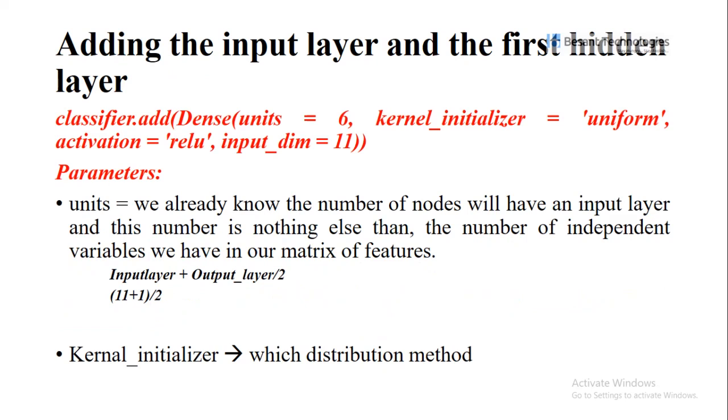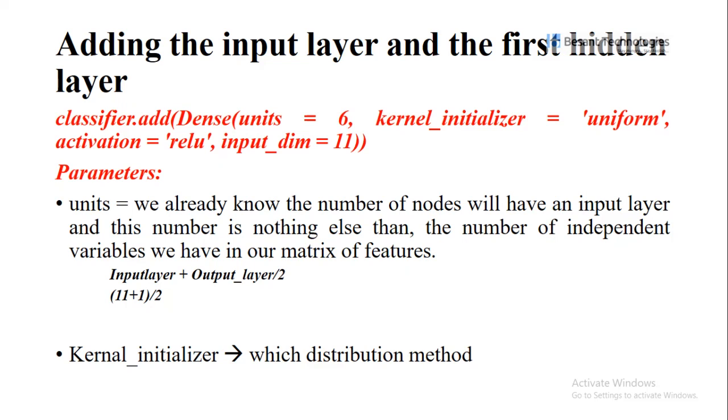Here this is our actual input layer. Units is the number of nodes in the layer, and it depends on how many independent variables you have in your matrix. The formula is input layer plus output layer divided by 2.